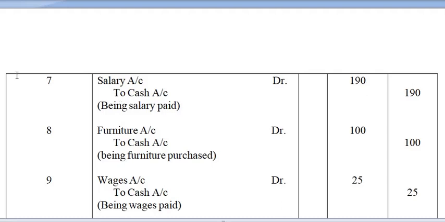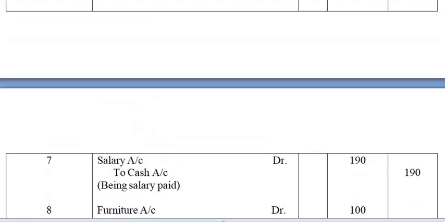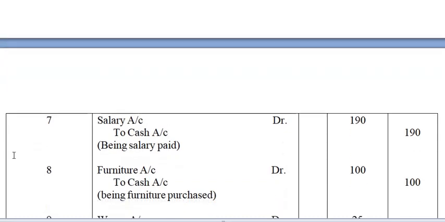Then you can start your journal entries. But I have not drawn them here because it is a time-taking process, and by default in Microsoft Word it becomes like this. So excuse me for that.